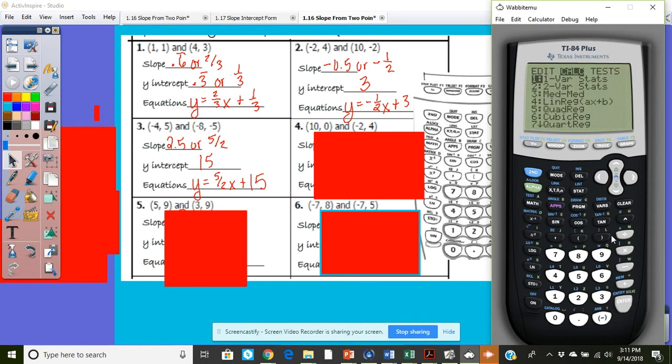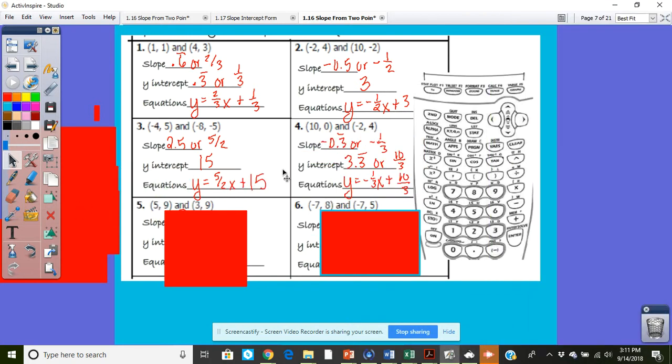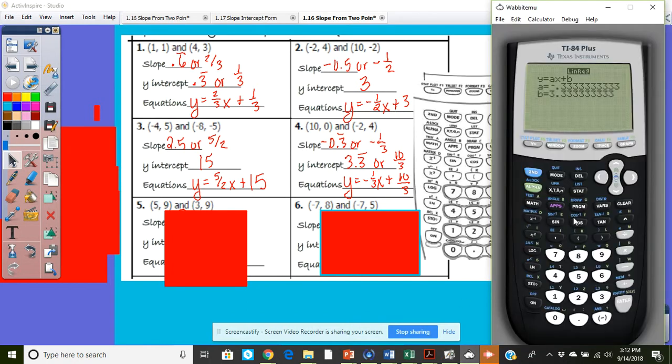Stat, over to calculate, linear regression, which is 4, down to calculate, and I get -0.3 repeating and 3.3 repeating. So -0.3 repeating is -1/3. 3.3 repeating is 10/3. So your equation is y equals -1/3 x plus 10/3.